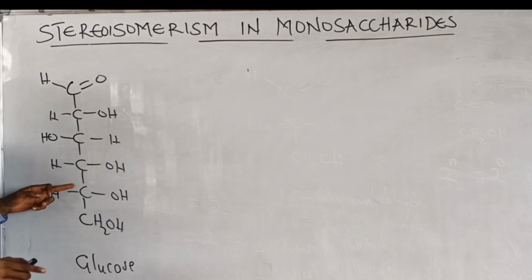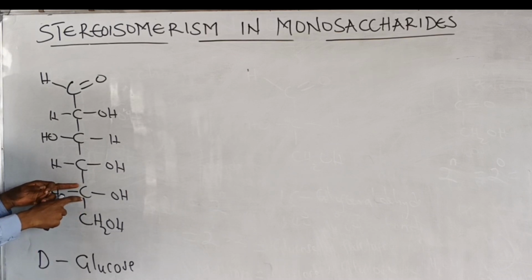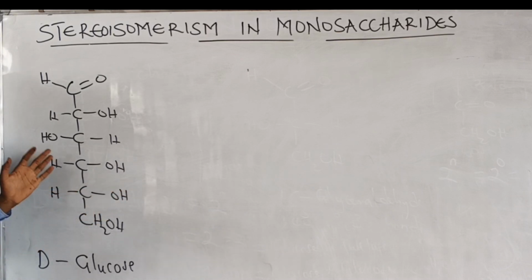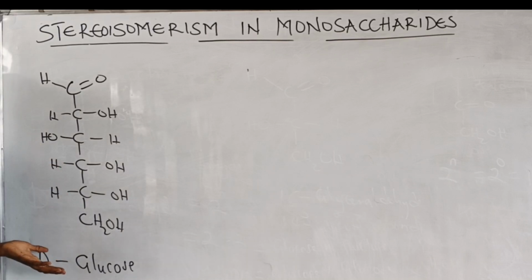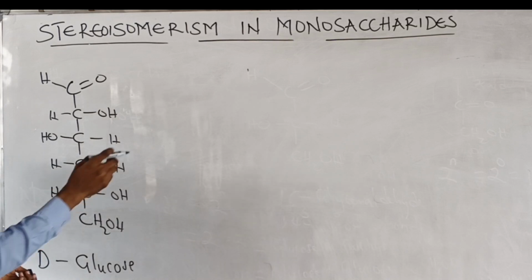Right, right? So, since it is right, it is D. So, this is D-glucose. Do you understand? Just look at the OH on the penultimate carbon. If it is right, dextrorotatory, D. If it is left, levorotatory, L.